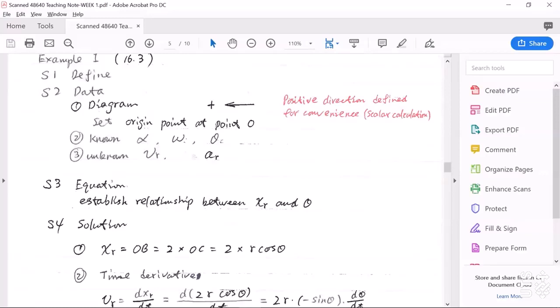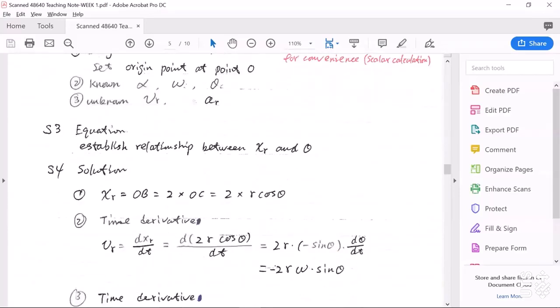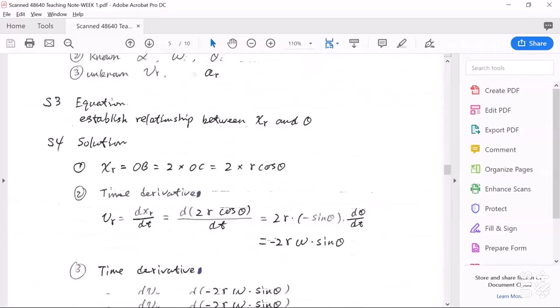Ar is the acceleration of the rod. Using absolute motion analysis, I need to establish the relationship between xr and theta. xr is the displacement of the rod.